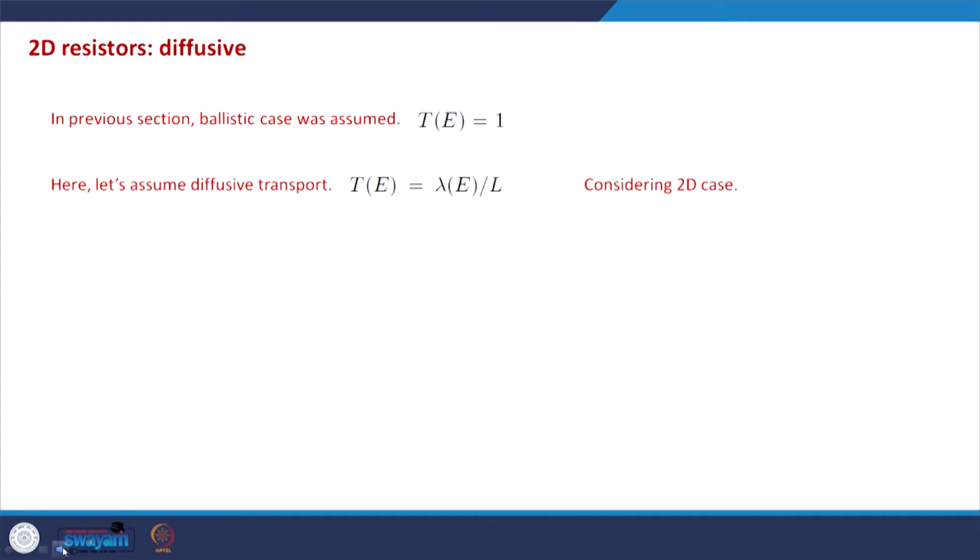Generally in the diffusive transport case, we assume that a conductor is a bulk conductor, purely diffusive transport.